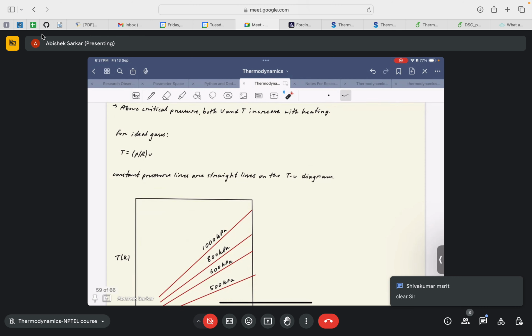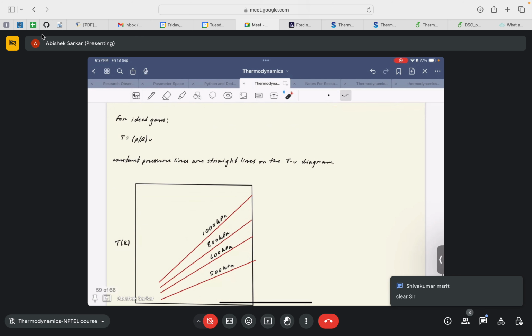Similarly, if you are discussing the constant pressure lines in the case of ideal gases, from the ideal gas law we get that T equals P by R times V, which is obtained from PV equal to mRT, or P times specific volume equal to RT. From that you get T equal to PV by R, where V is the specific volume. So in the case of ideal gases, these constant pressure lines are straight lines on a T-V diagram.